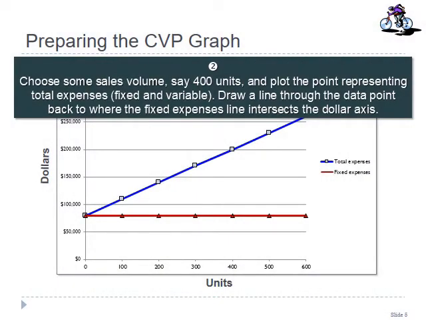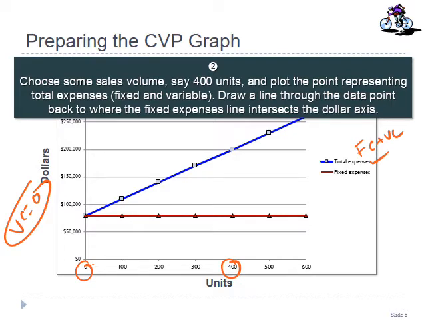The second graph is the total expenses. The total expenses is equal to the sum of fixed and variable. So on 0, when we are not selling anything, the total expenses are 80,000. Why? Because variable cost is 0 when we sell 0 units. So when we sell 400, what is the total cost?